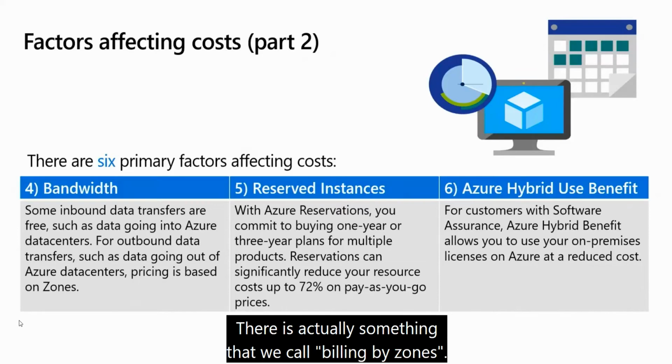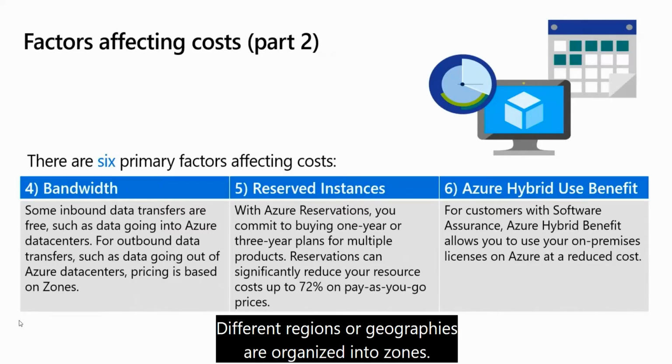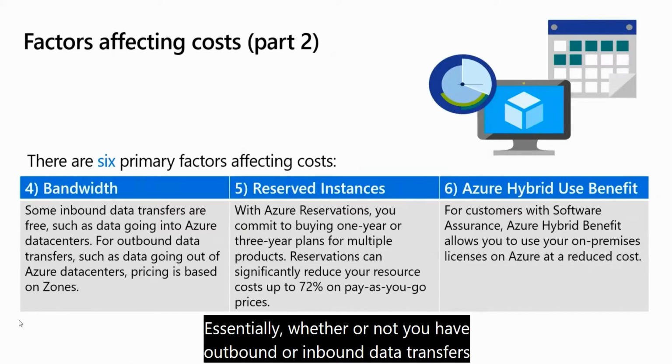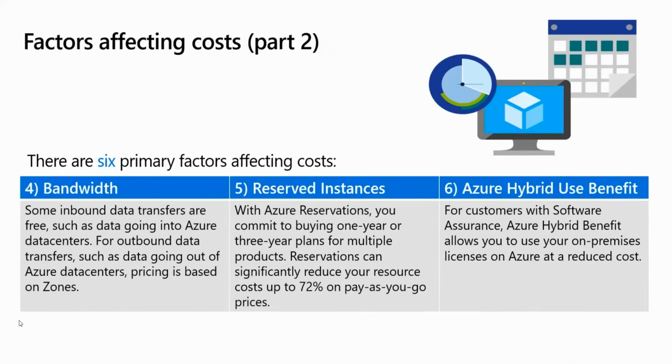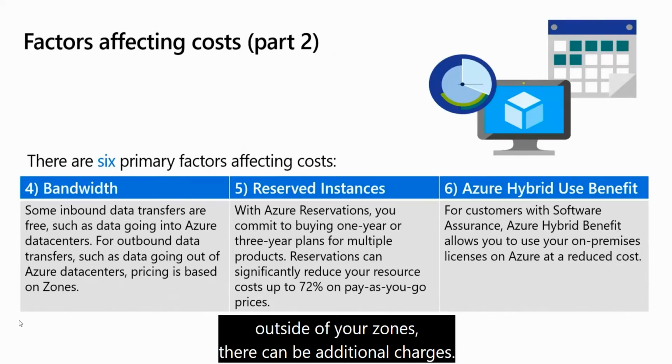So there is actually something that we call billing by zones, and different regions and geographies are organized into zones. So essentially, whether or not you have outbound or inbound data transfers outside of your zones, there can be additional charges.